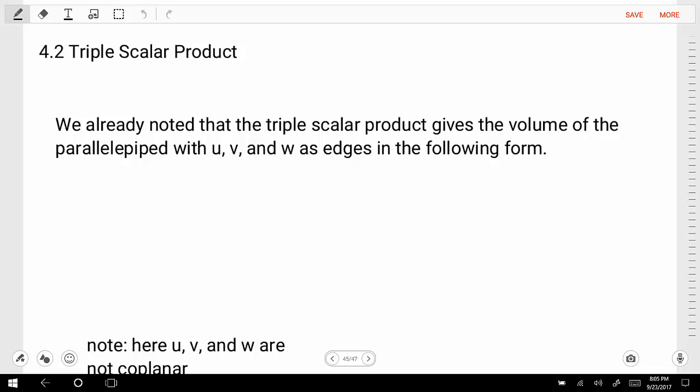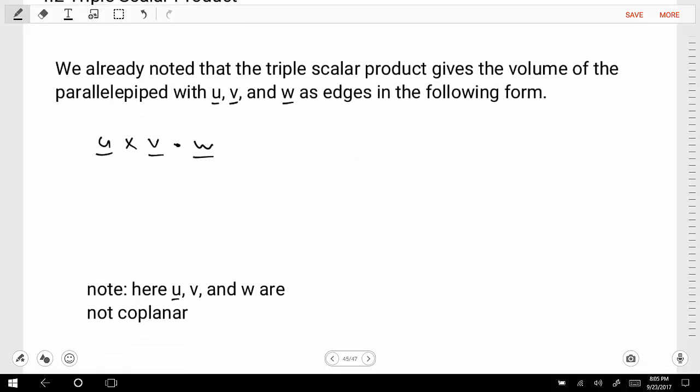The triple scalar product gives the volume of the parallelepiped with vectors u, v, and w as the edges in the following form, where the triple scalar product is simply u cross v dot w, noting here that we are considering these vectors as non-coplanar. So these are not orthogonal vectors to each other. They do not carry that 90 degree angle with respect to each other.